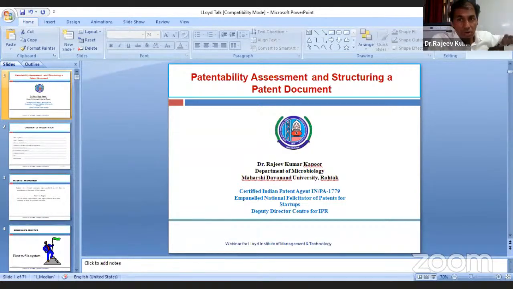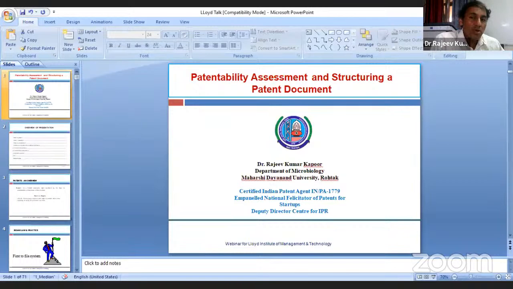So my talk would be more focusing on patents, how patents are drafted, what are patents, and especially I'll be elaborating section 3D, which tells us specifically what is not patentable. I'll be telling about certain procedures or certain precautions which have to be taken care of while drafting the complete specifications.